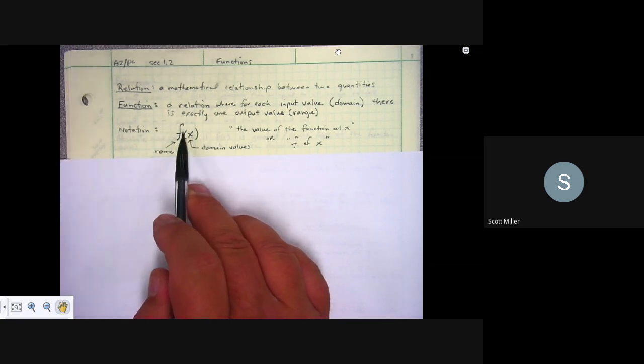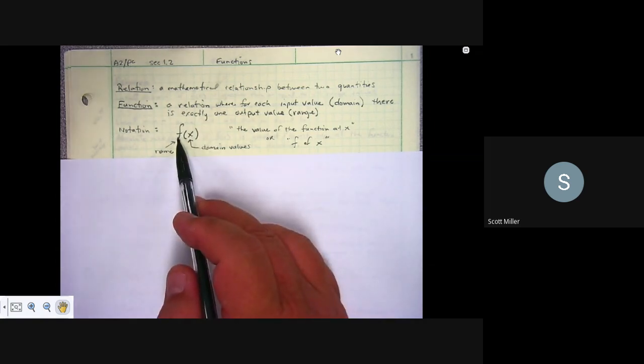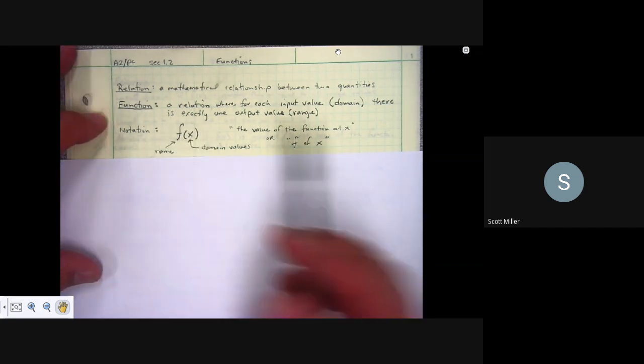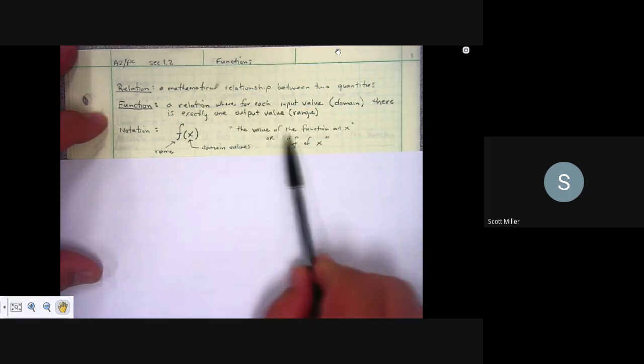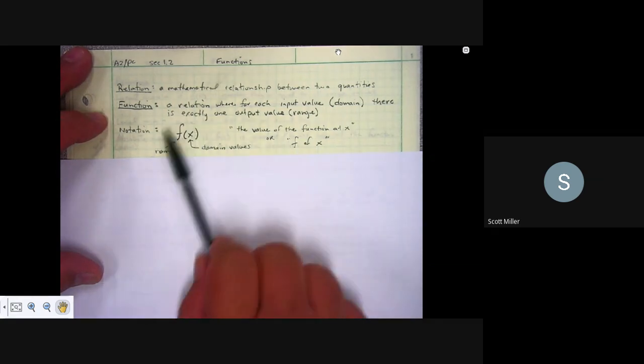We usually default to F because it represents a function, but we can use any letter we want. Any letter can be called a function as long as it's in this format. It basically means the value of the function at x, and we abbreviate all that to say this is read as f of x. It's the function whose variable is x.